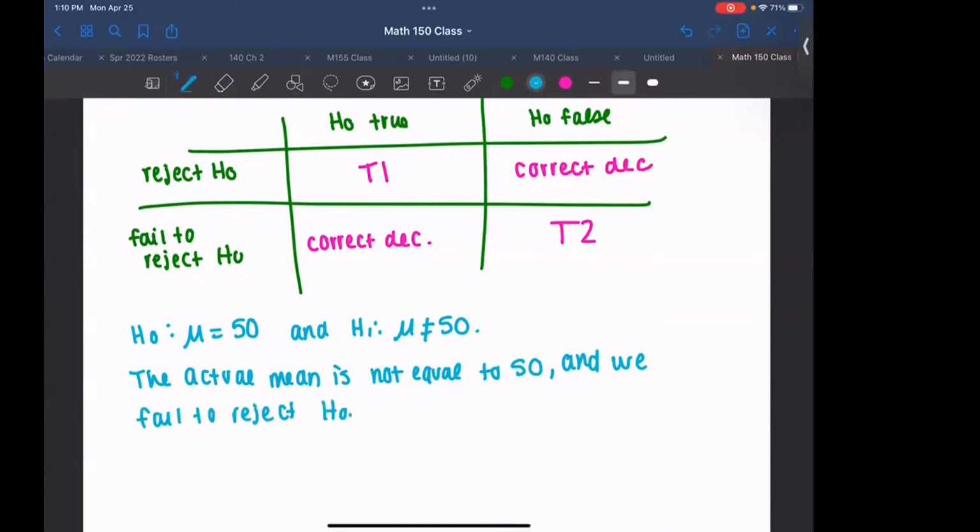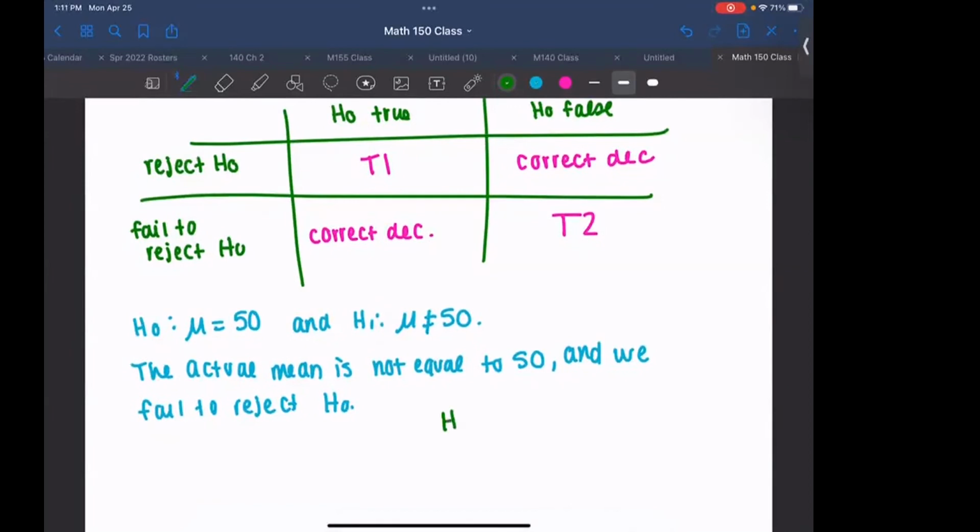This question is going to ask you, is this a correct decision? Is it type 1? Is it type 2? I know it sounds kind of stupid, but I like to write out everything before I come to a conclusion. Let's start with the beginning. It says that the actual mean is not equal to 50. So is H0 true or false? False.